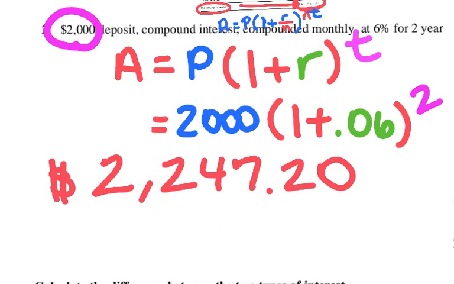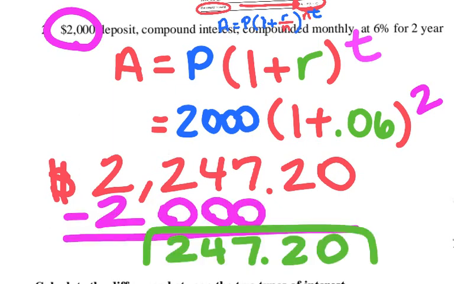So if you started off with 2,000 and you subtract 2,000 from this number, that would mean your interest is only $247.20. So again, be very careful with what the question is asking for. For this one, it's asking for the interest only, so it's $247. Had it asked how much is in the account after the 2 years, then your answer would be $2,247.20.